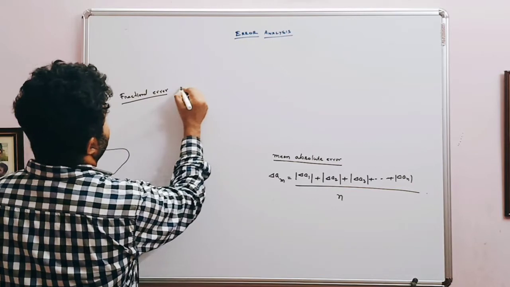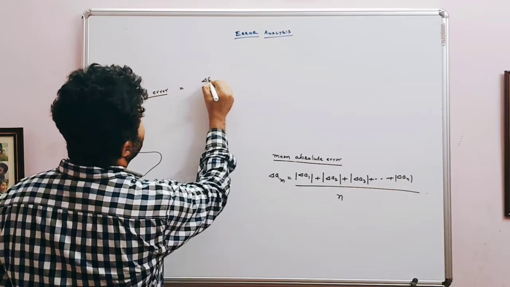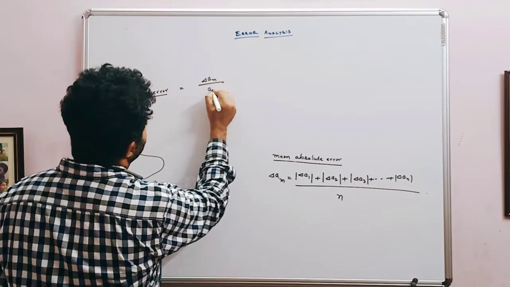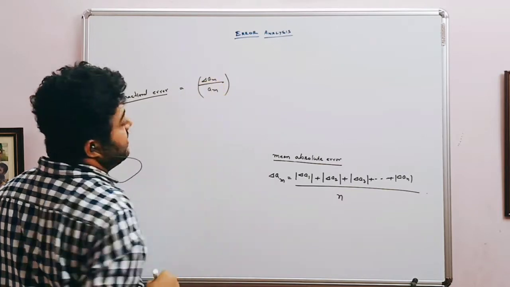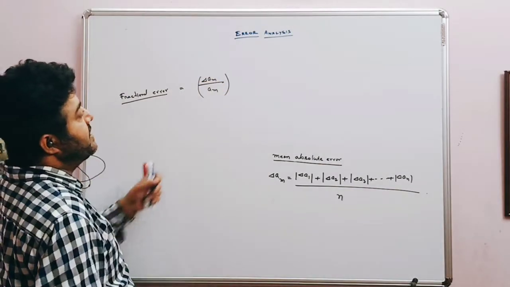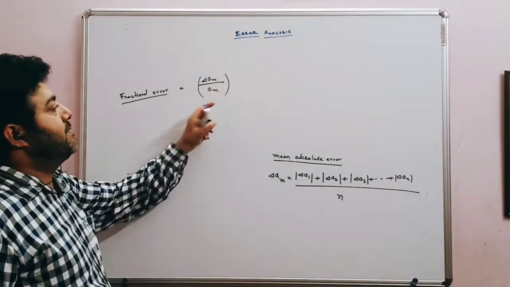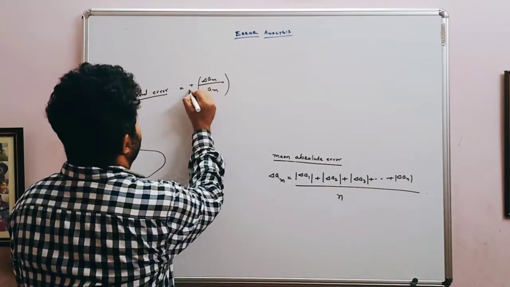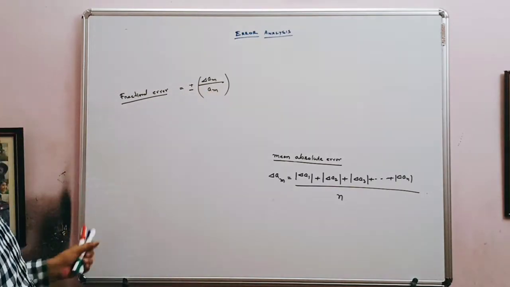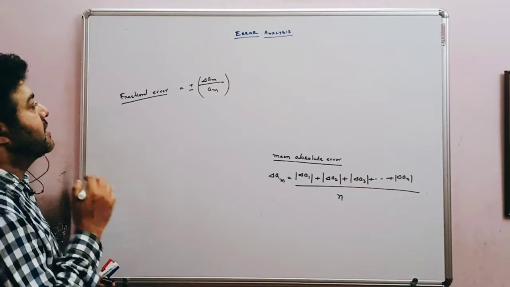What do you mean by fractional error? The mean absolute error by the mean value is called the fractional error.